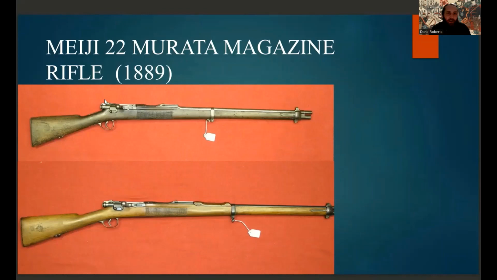That is the Meiji Murata 22nd model magazine rifle, which was based off of the Enfield, the Terssen, which was also breech loading, and the Minié rifles. This is the early model, and this is the later model.